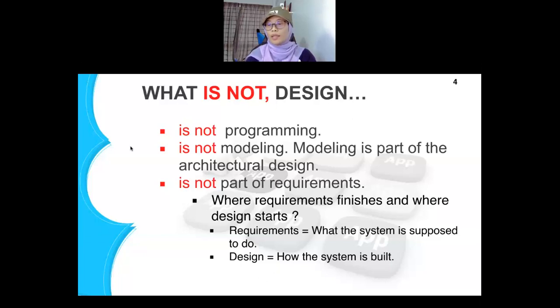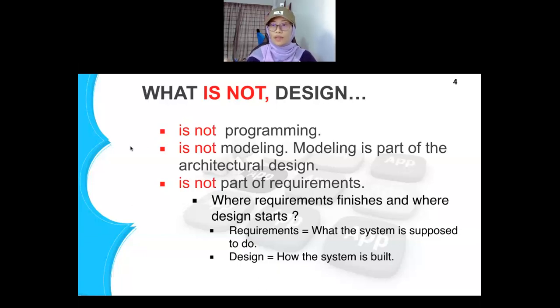That's why in the process we learned before, the first phase is analyze, which is the requirement engineering that we learned last week. And now we are in the design phase, where we start design and implementation. When we talk about requirements, it is what the system is supposed to do, and design is how.